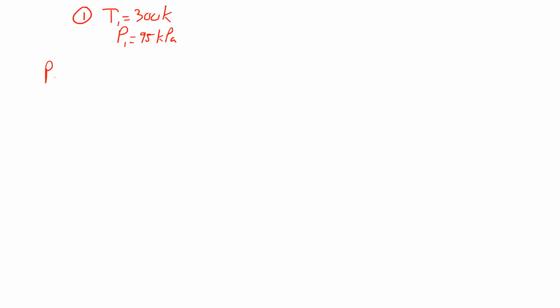And I'm trying to analyze process 1 to 2. So I want to go from state 1 to state 2. Now if I go back and look, that is an isentropic process for an ideal gas with variable specific heats.